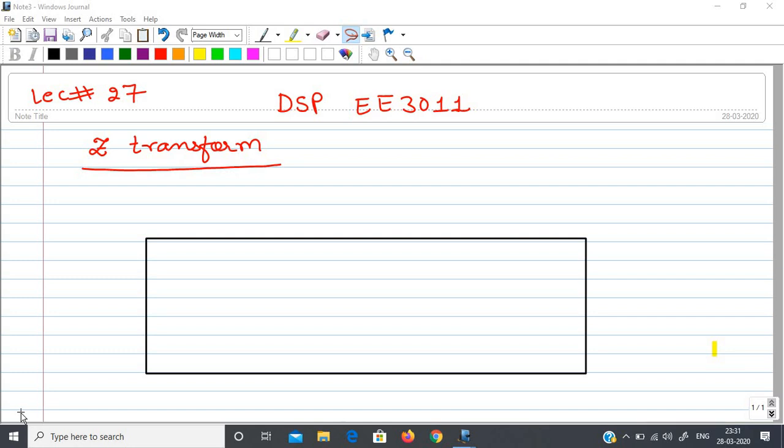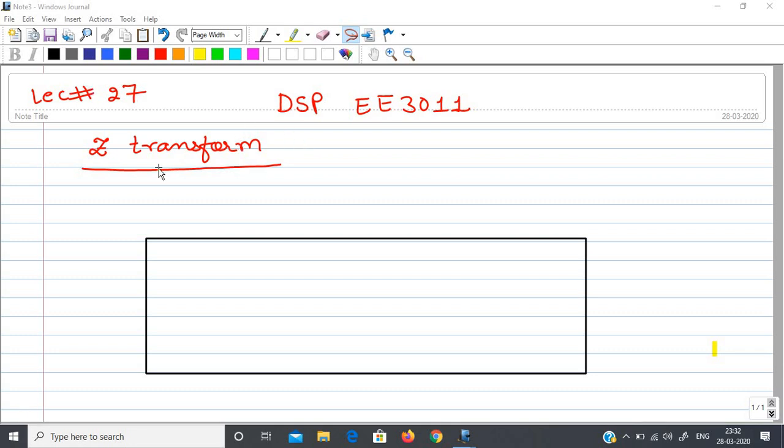As we know, convolution is a complex operation, whereas multiplication is simpler. Therefore, we can say these transforms make the analysis of LTI systems, that is linear time-invariant systems, easier. Today we are going to introduce the Z transform for discrete time signals or sequences.